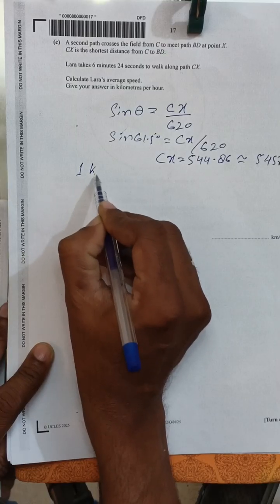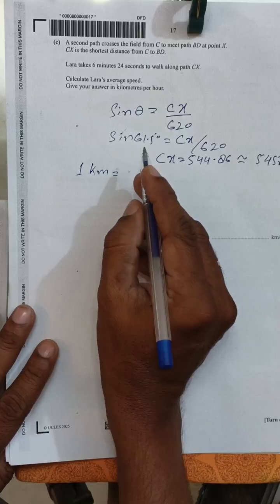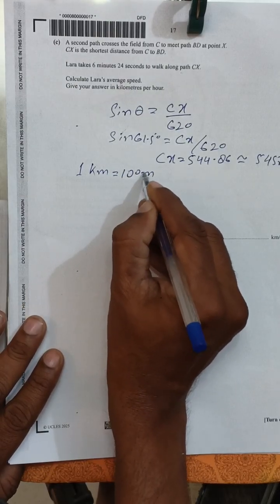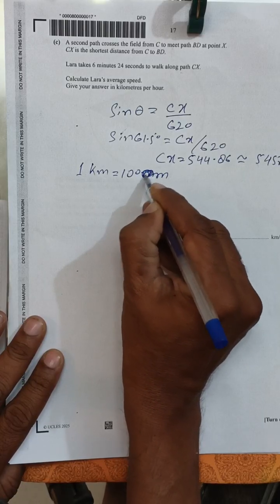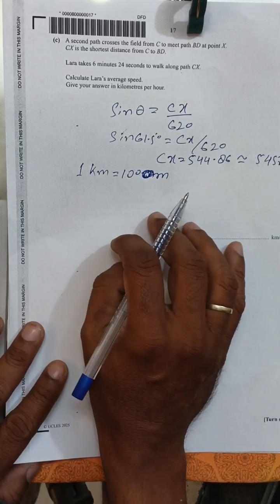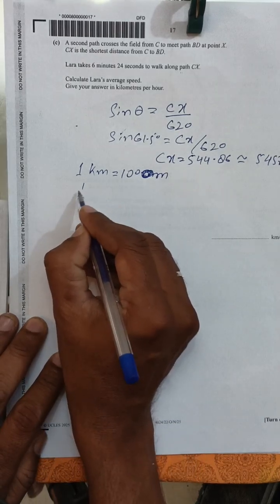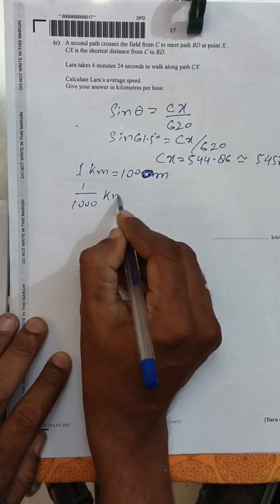1 kilometer is equal to 1000 meters. So 1 meter is equal to 1 over 1000 kilometer.